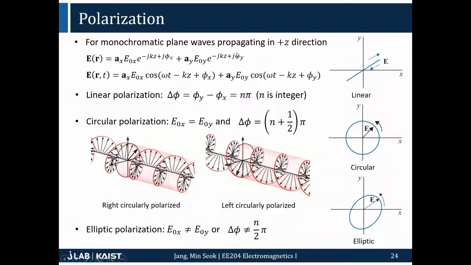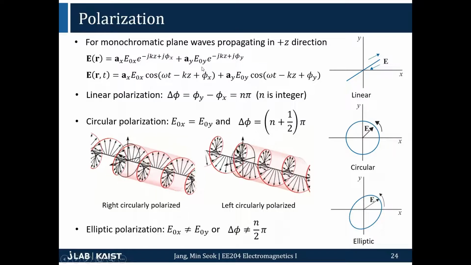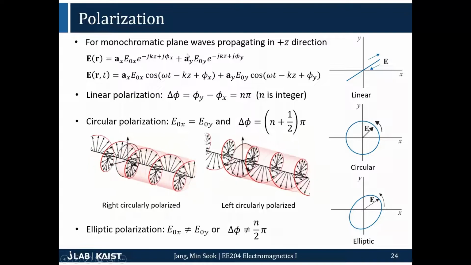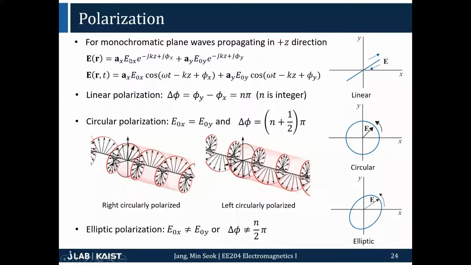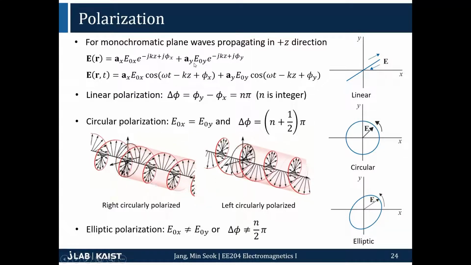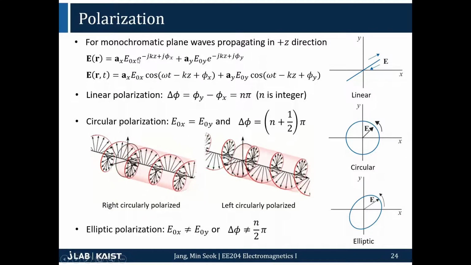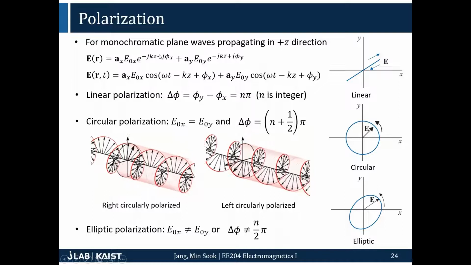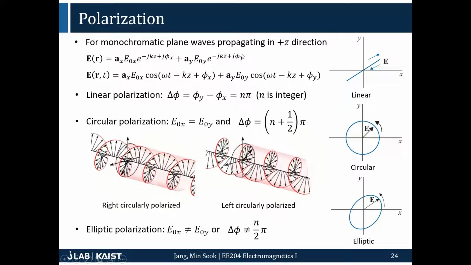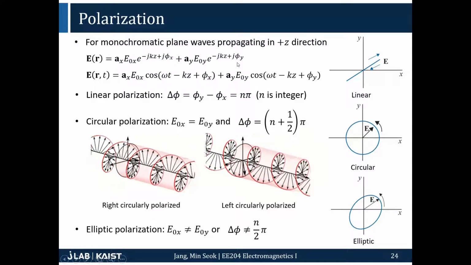And of course, this phase vector can be multiplied by E0, and then this entire thing can be a complex number. But here, we just write E0x and E0y as just a real number, and the e to the j phi x and e to the j phi y becomes just a complex term.